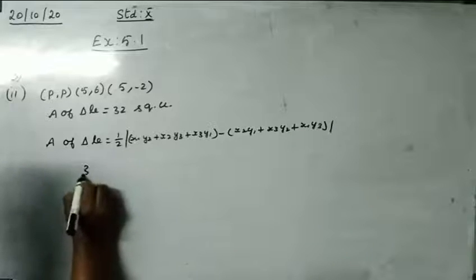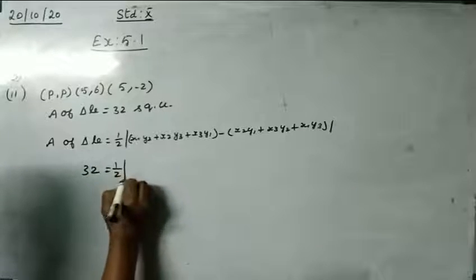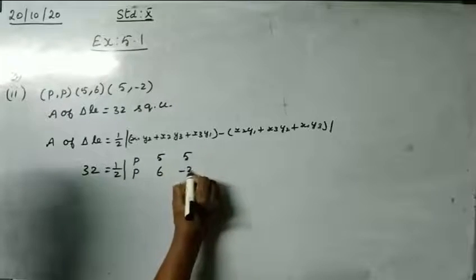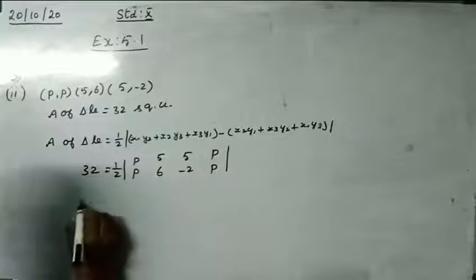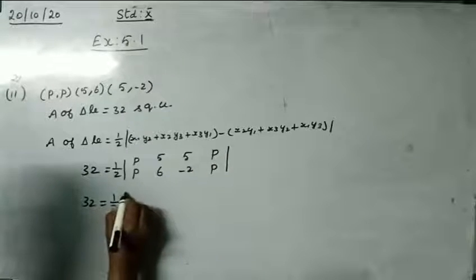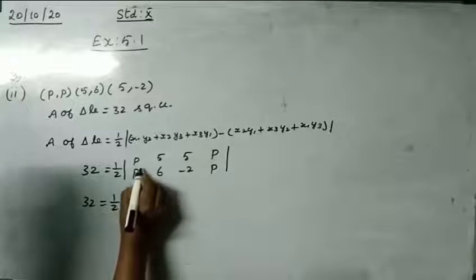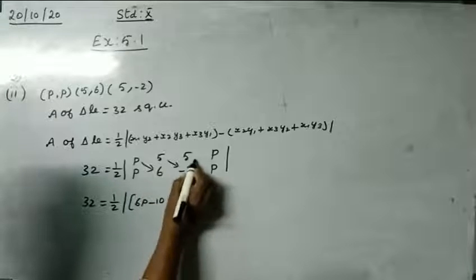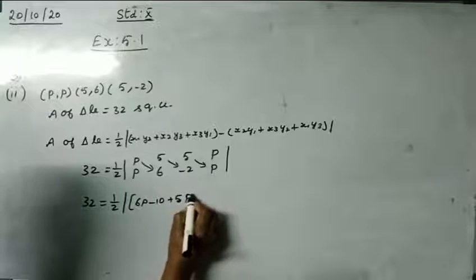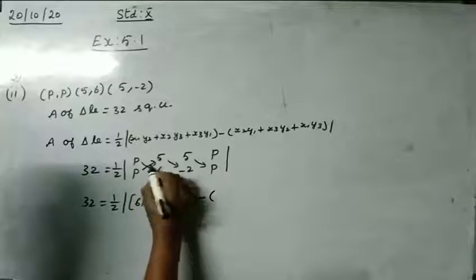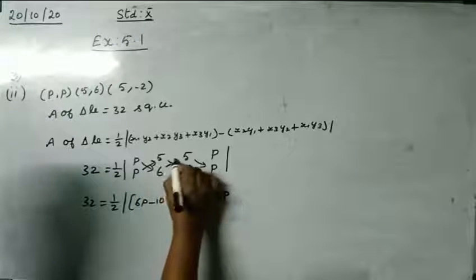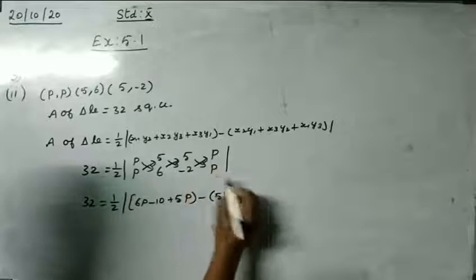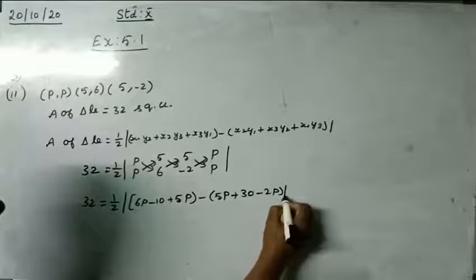So area of triangle 32 is equal to 1 by 2 modulus of P, P, 5, 6, 5, minus 2, P. Now cross multiply: P into 6 is 6P, 5 into minus 2 is minus 10, 5 into P is 5P, minus 5 into P is 5P, plus 6 into 5 is 30, minus 2 into P is minus 2P.